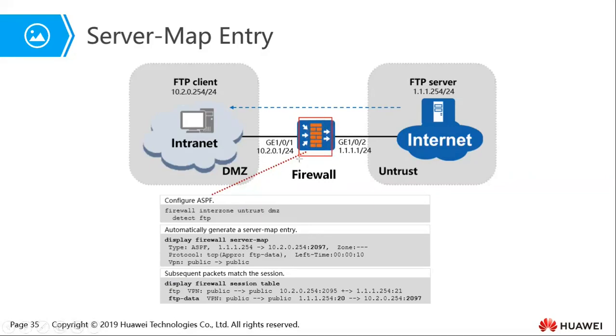So how to configure? We configure it on the firewall. The command is firewall interzone trust dmz. Then we specify the application layer protocol, so detect ftp.